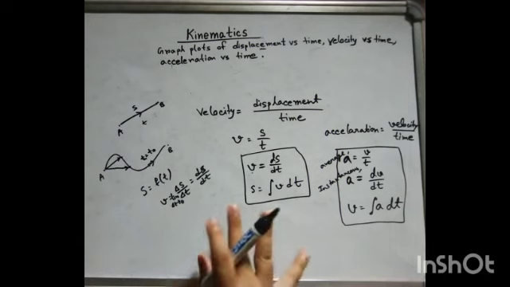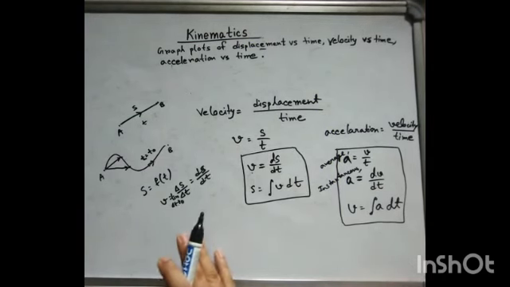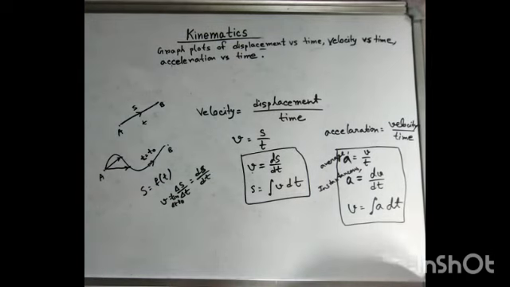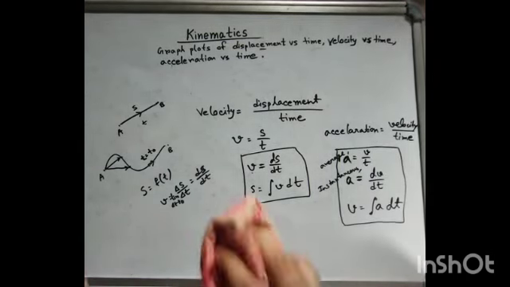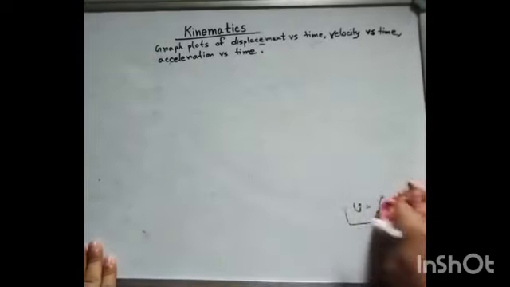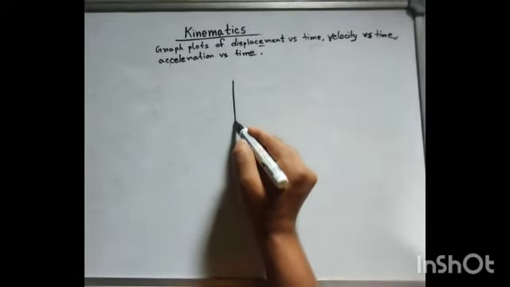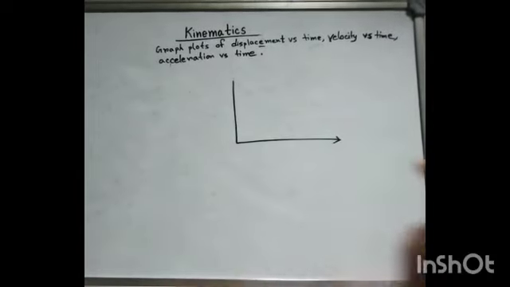Now we have got the interrelation between velocity, displacement and acceleration. Now we will plot these things. So first we will start with displacement versus time.